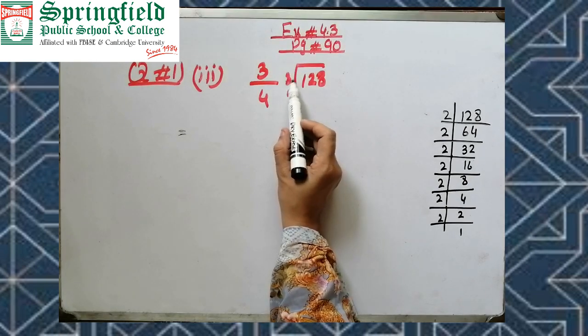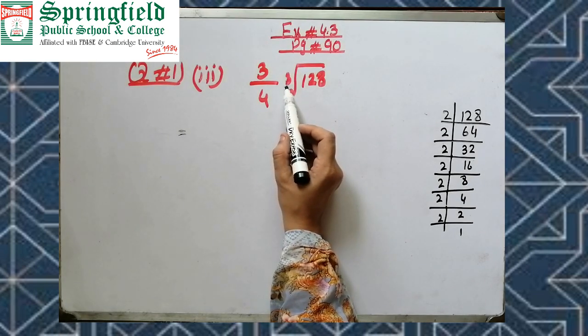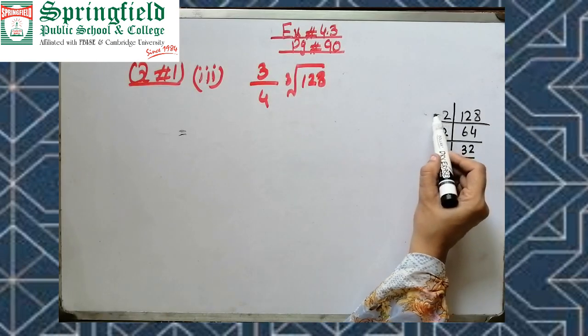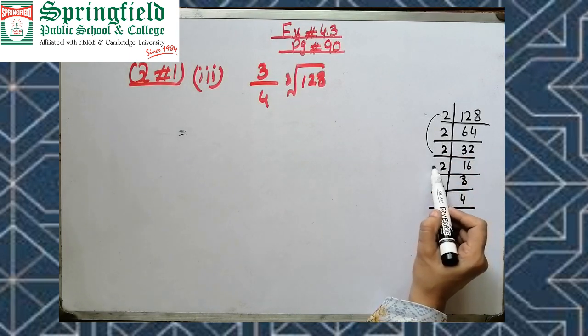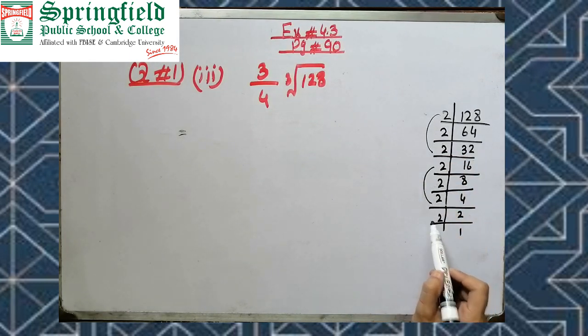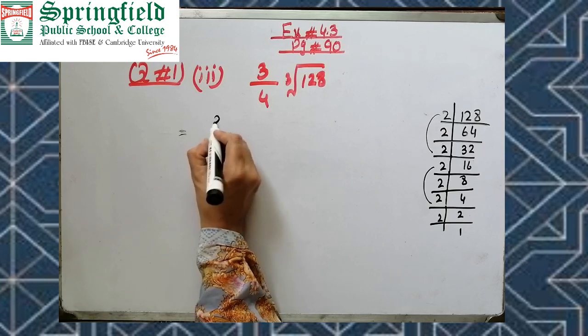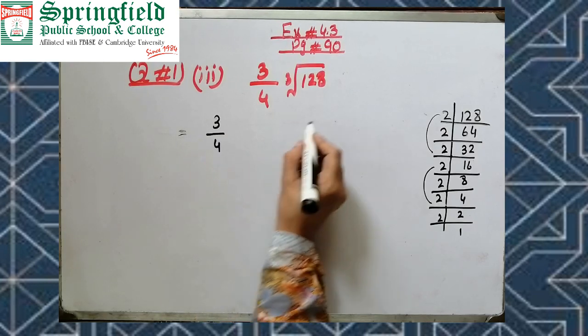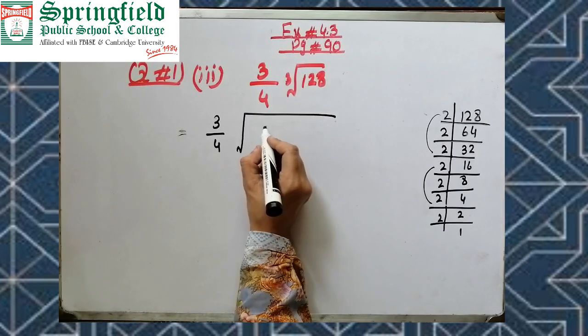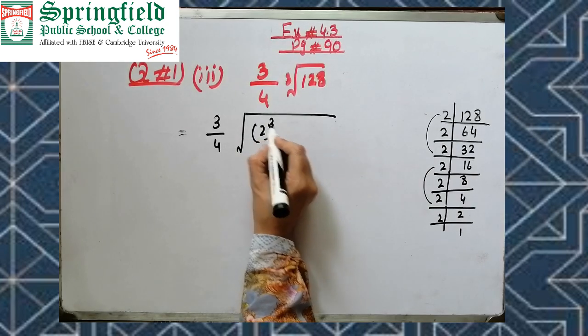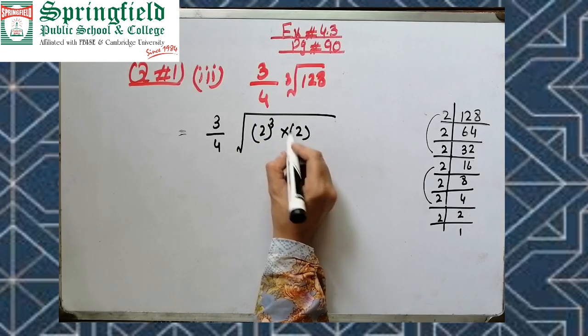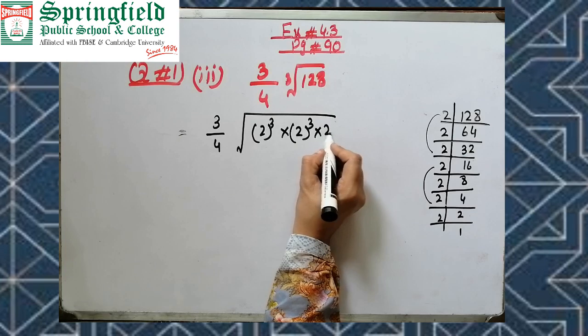So here we are doing a cube root. So it means we will make the cubes of the factors. Just 2 is left. So 3/4, 2 cube multiply 2 cube multiply 2.